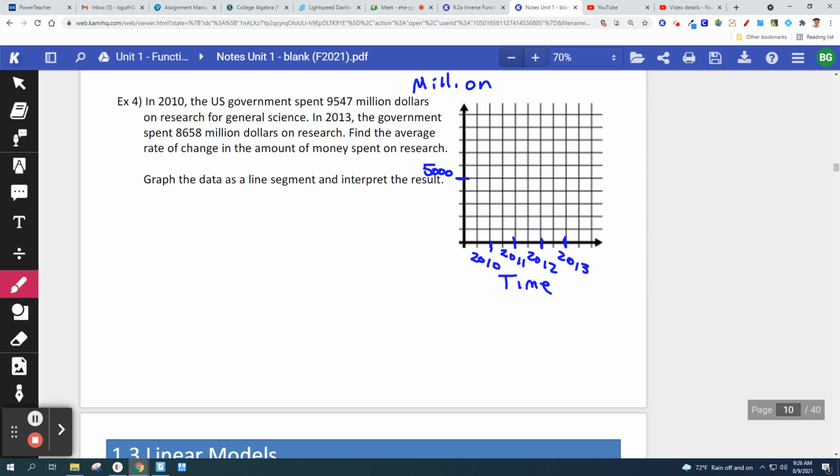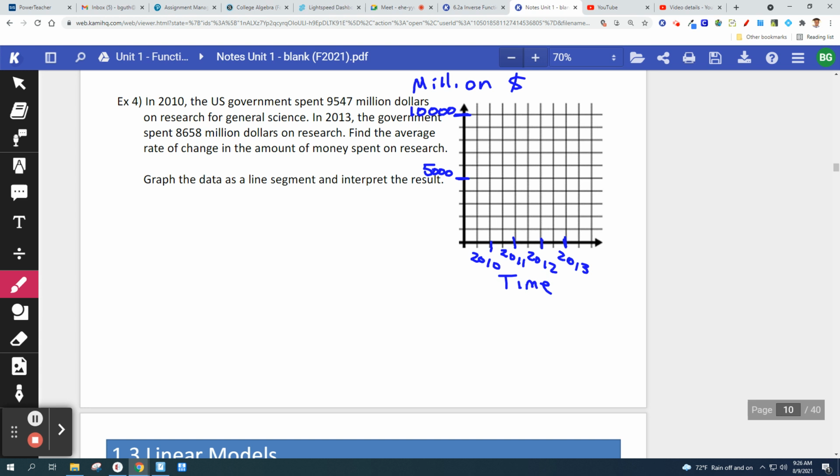And then 6, 7, 8, 9, 10. That's going to be $10,000 million. Is that weird? That's kind of a weird thing to say, but $10,000 million because it's in millions.